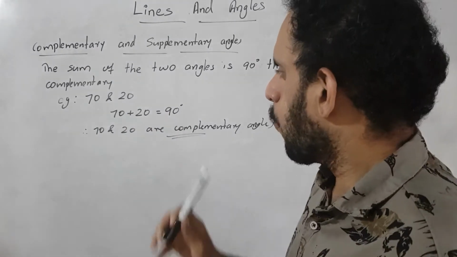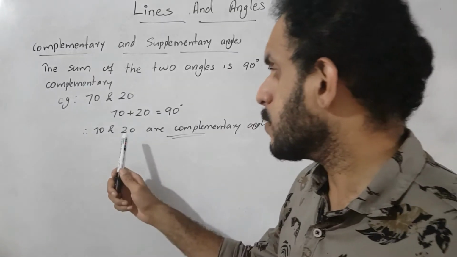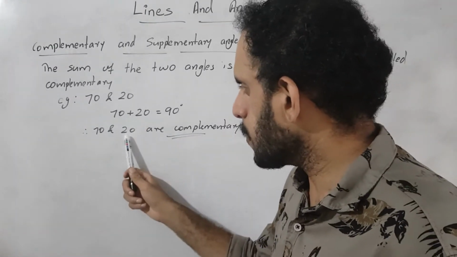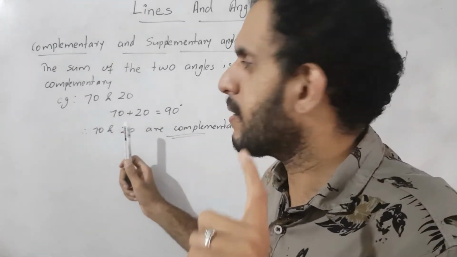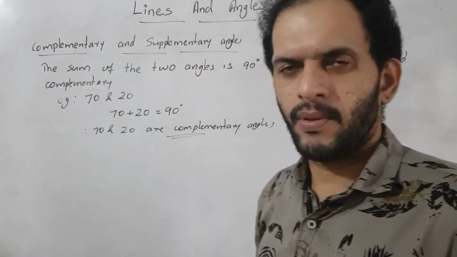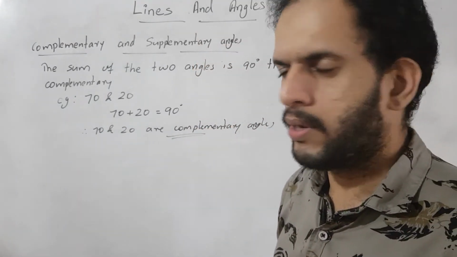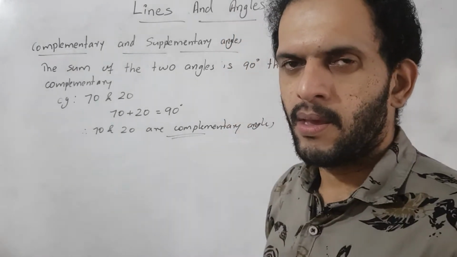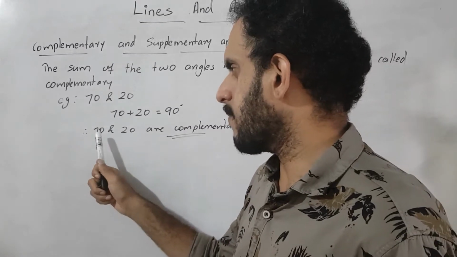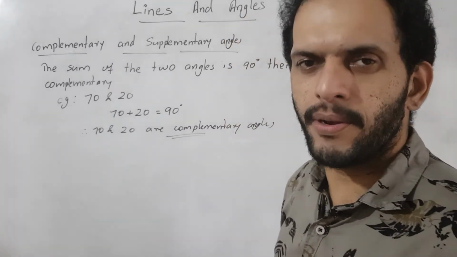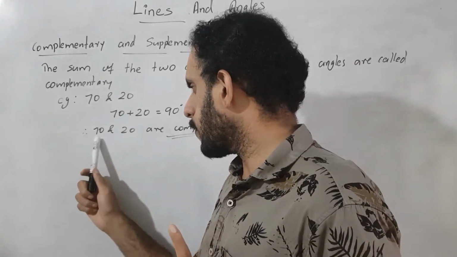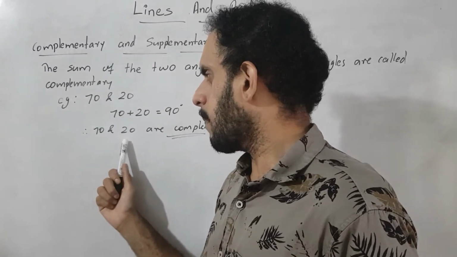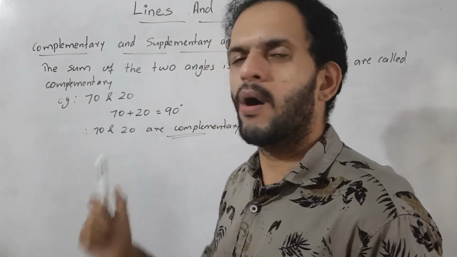Then what do we call 20? 70 and 20 are called complementary angles, but 20 is called the complement of 70. And 70 is called the complement of 20. 20 is the complement of 70 and 70 is the complement of 20.